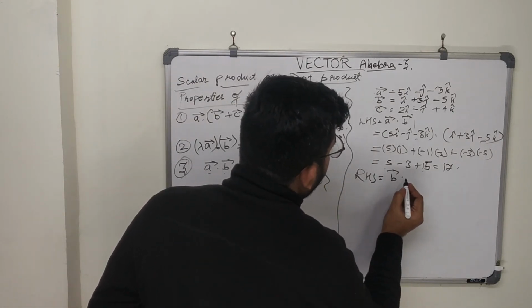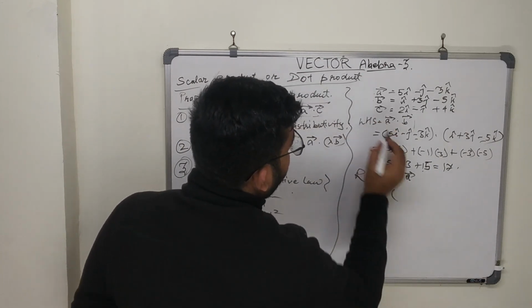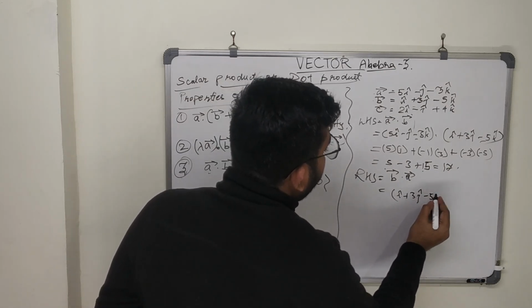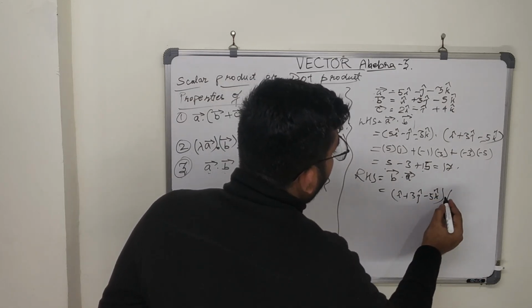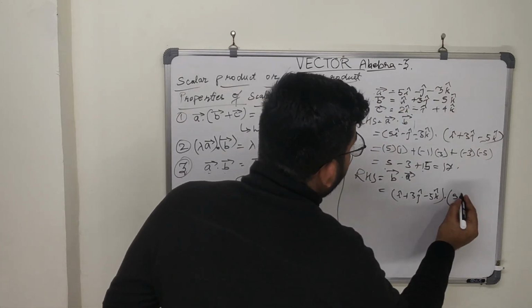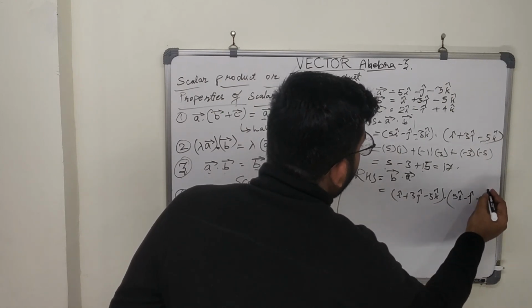Now calculating the right hand side of the property, that is b vector dot a vector. We put the values, that is b vector is equal to i cap plus 3 j cap minus 5 k cap dot a vector, that is 5 i cap minus j cap minus 3 k cap.